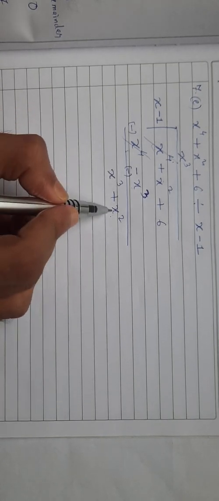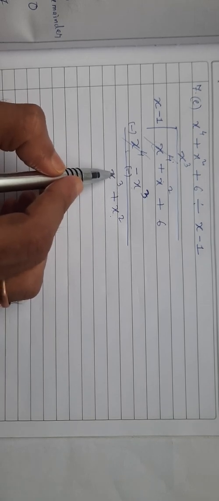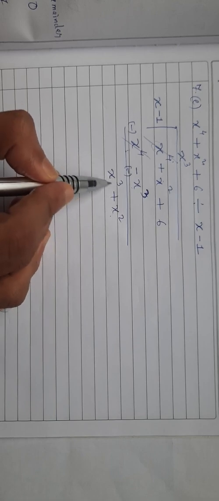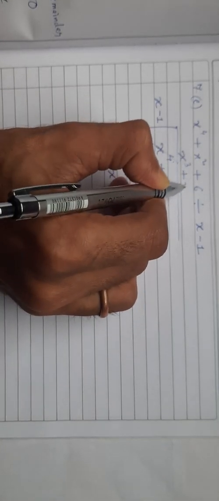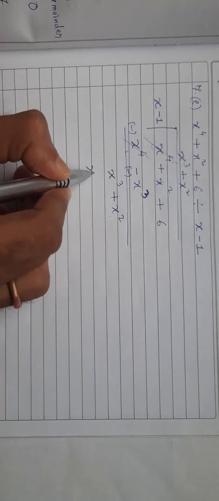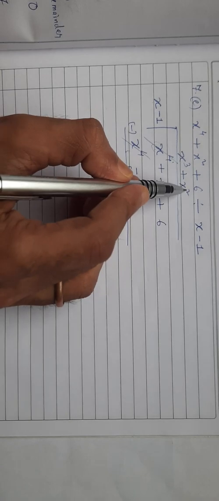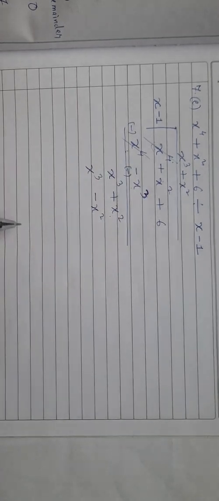Now out of these two terms we find that x cube is the highest power variable. So we'll now try to cancel this x cube. So plus x square. Now if I multiply x square with x, we get x cube, and x square into minus 1 is minus x square.